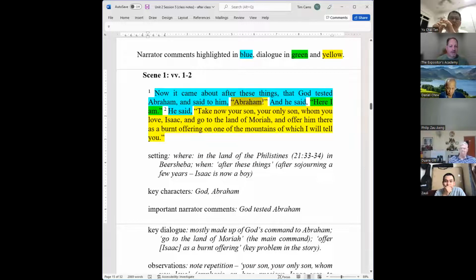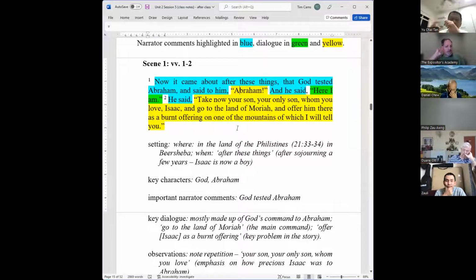Notice I put what God said in yellow here, and then what Abraham said in green. This is just a way to help me visually picture or identify more easily each character in the story and what they say. So that might be something you want to consider: circle, underline, or highlight each of the characters when you go through a particular story, if you want.